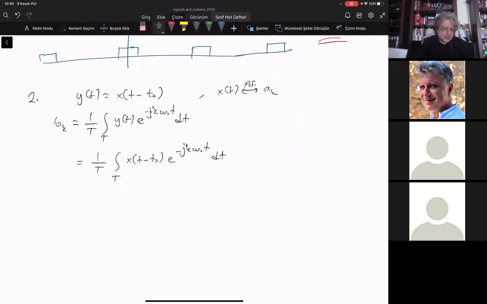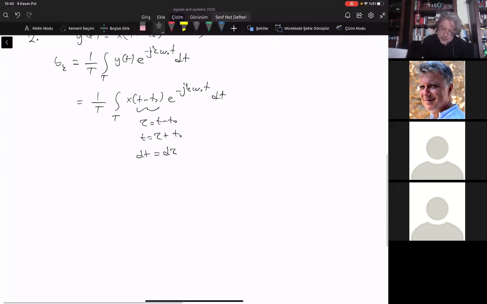And now I will make a substitution of tau is equal to t minus t0, which would make t is equal to tau plus t0, and dt will be equal to d tau. Okay, these are the substitutions that I'm making.